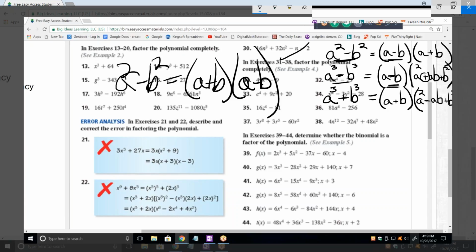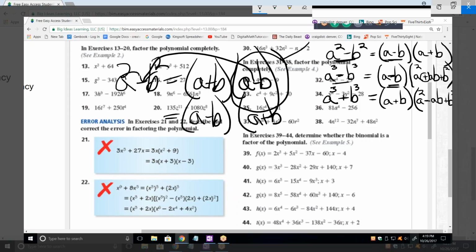The reason is because it doesn't fit the pattern. The pattern is the very first term needs to be the same sign as that sign. So I never remember a squared minus b squared as being this. I always remember it as a minus b times a plus b.